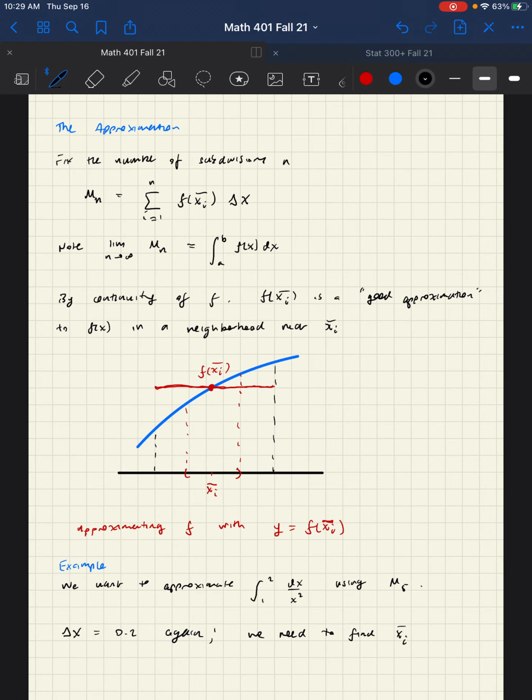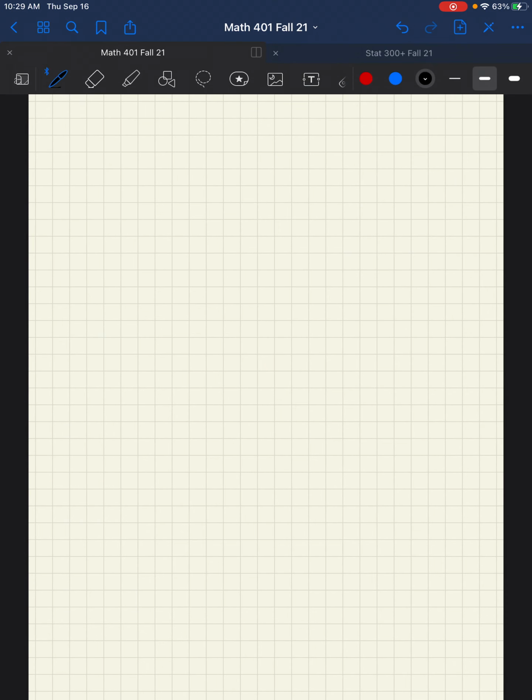This time we have to find the midpoints. So I can again write a table. So we have x sub i's, and we're going to need our x sub i bars, and then the function values at the x sub i bars, the midpoints.